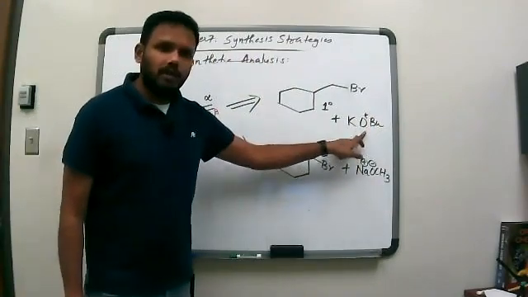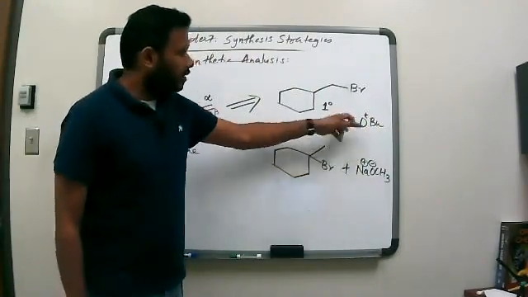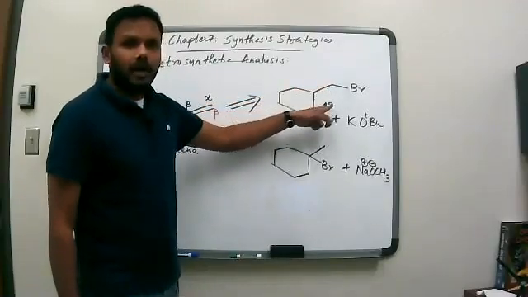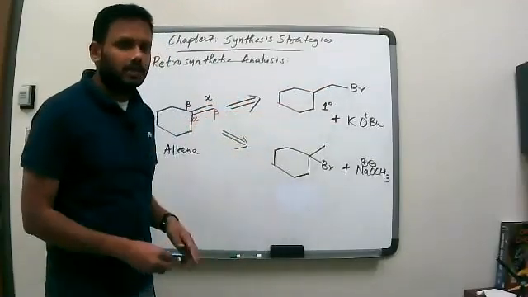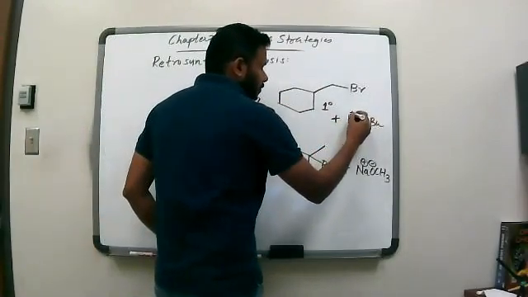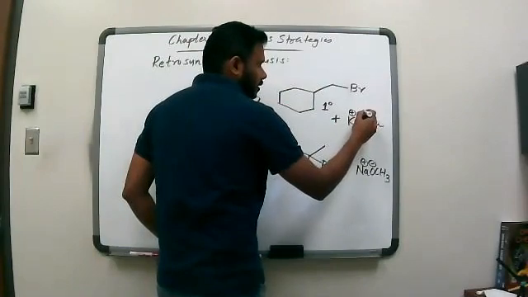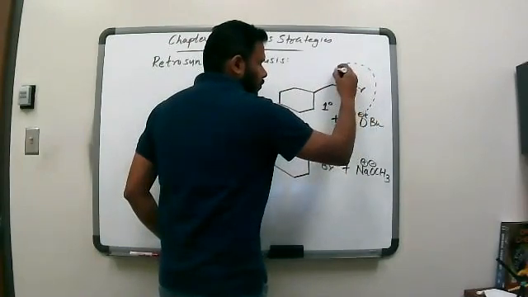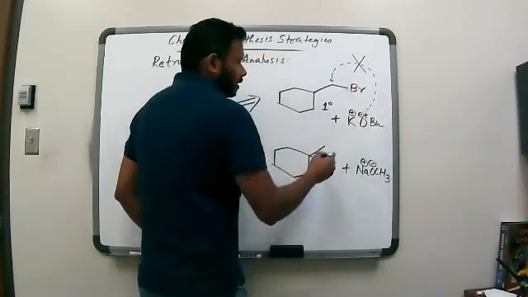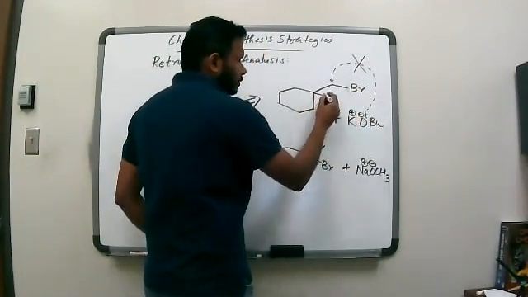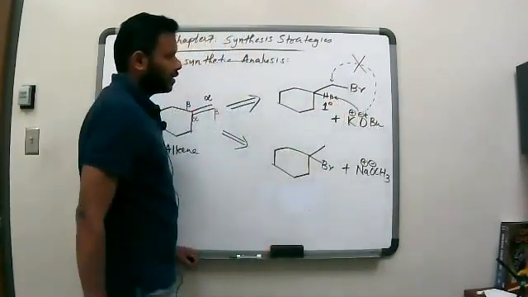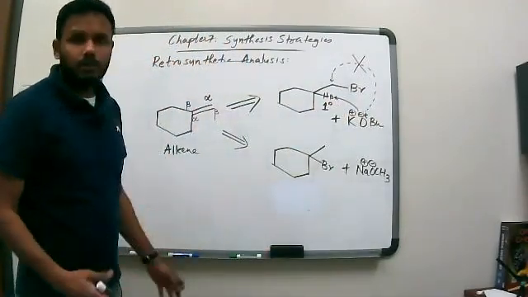If we use the bulky base, it cannot do a substitution, so it could actually do an elimination instead. So this O minus here will not do this. Instead, it's going to go for that H beta, because there is no other option here.